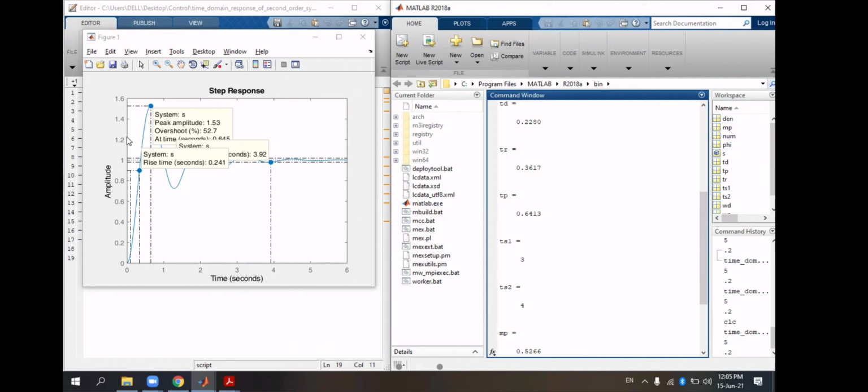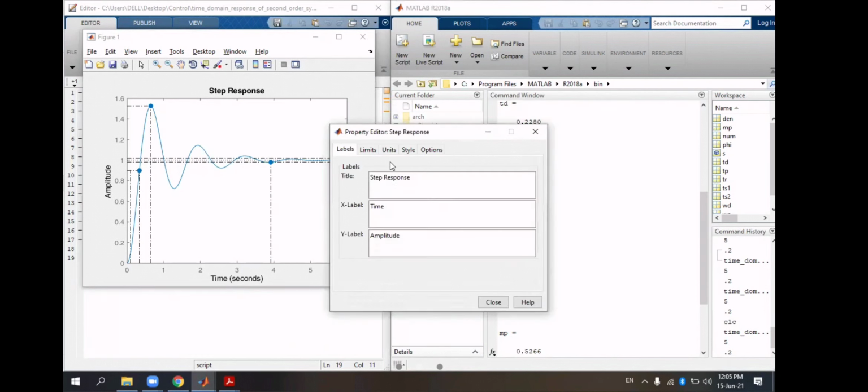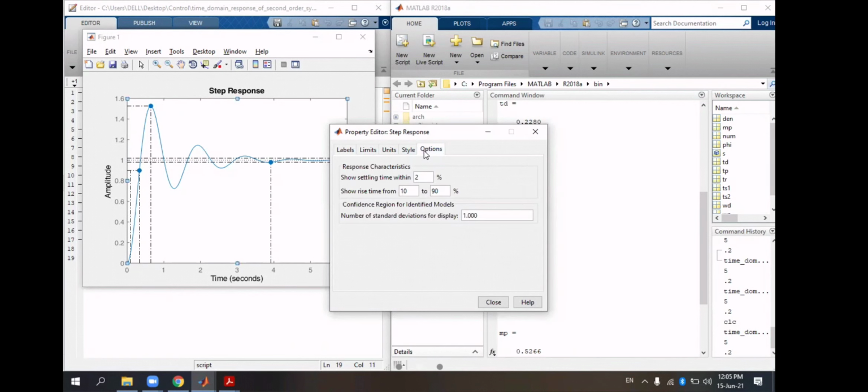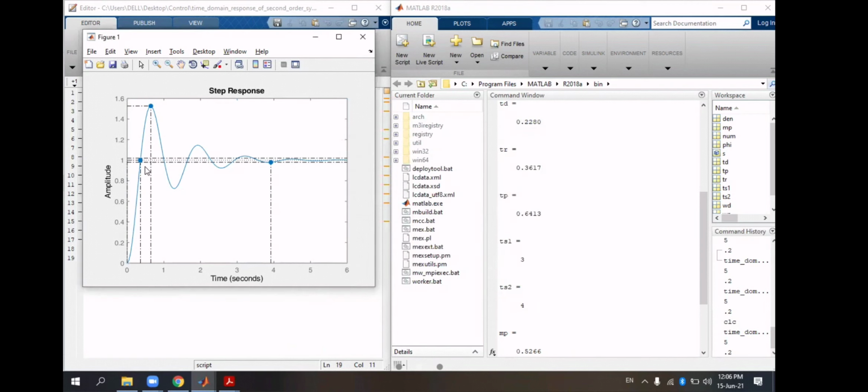Double click on this axis, there is a property editor. Go to Options, where you will see show rise time from 10 to 90%. For an underdamped system we can change it to 0 to 100. Now you get the correct rise time 0.362, and we have also calculated 0.362.